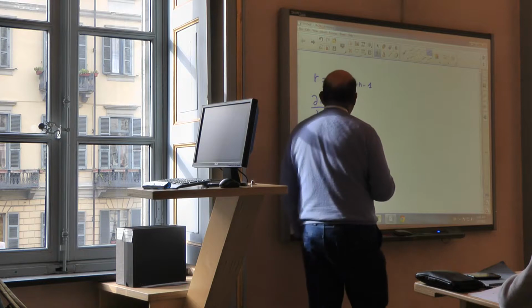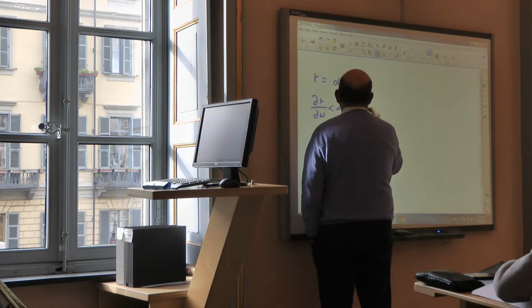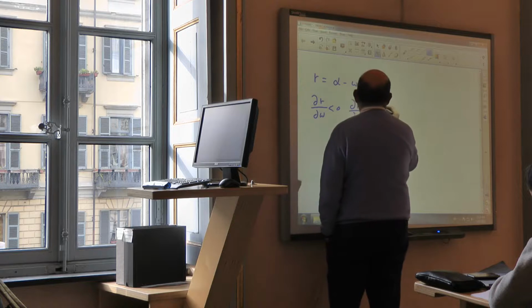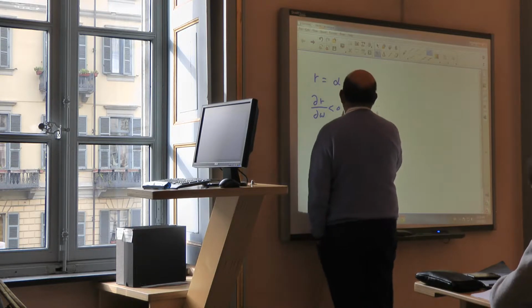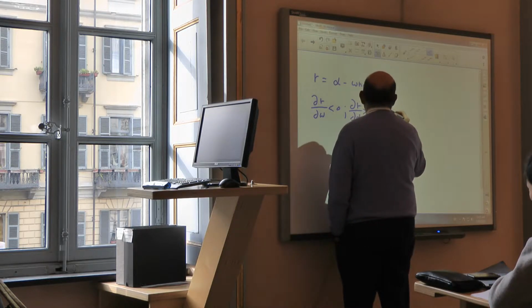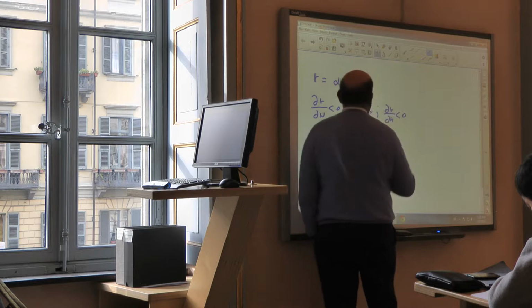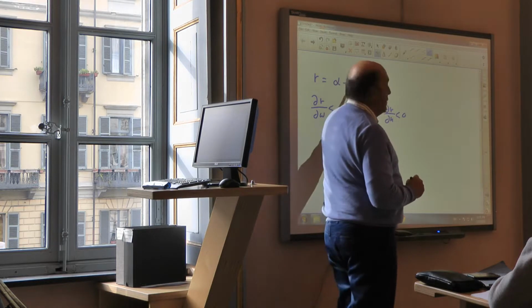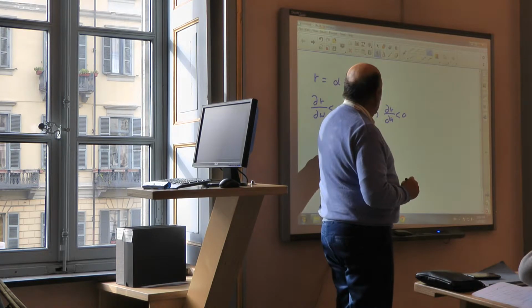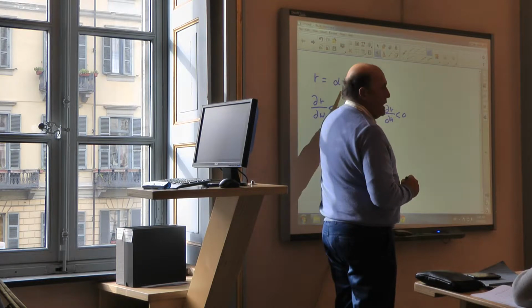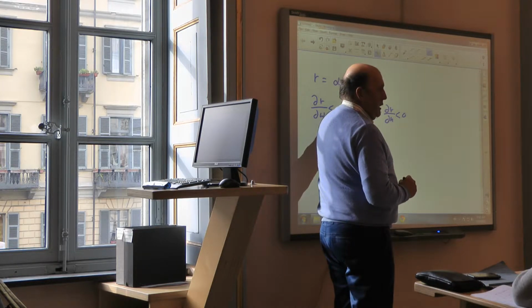Then the rate of profit is positively related to alpha, and the rate of profit is negatively related to N, right? Because it's a minus sign, so they're negatively related. So when N goes up, rate of profit goes down.